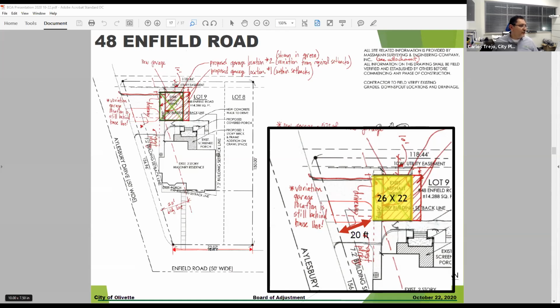I have two people that raised their hand, and if you can note your names and your address, and again, the relationship to this petition should be as a property owner or representing the property owner as part of the construction.